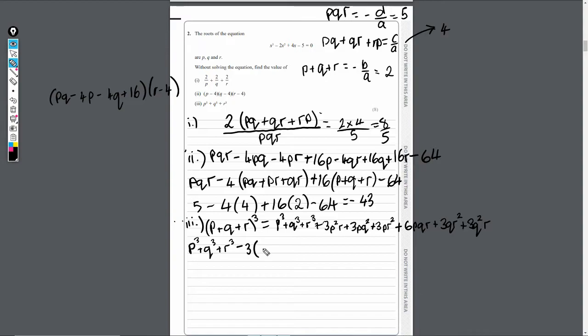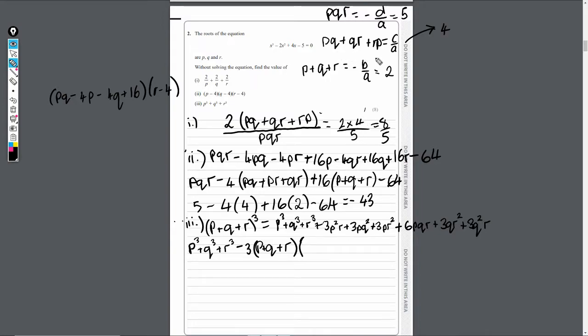So if I do this now, there's going to be 3 lots of P plus Q plus R. Now the good thing about this is, when I expand this with my next bracket, we're going to get the squareds in here. And then in my next bracket, again, we're going to have to use one of these expressions. But the obvious one would be my PQ plus QR plus RP.